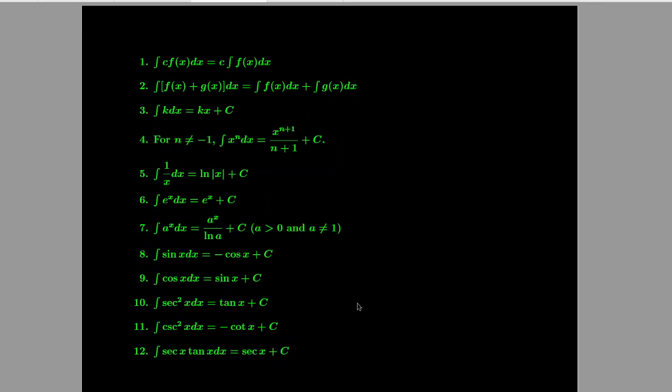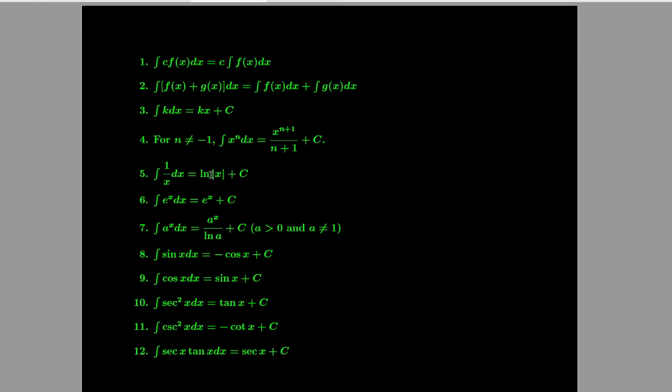I think the only formula that might be a little bit weird is the thing in item number 5. I will copy this formula. So temporarily you just remember that in order to get the indefinite integral of 1 over x, the answer is natural log of the absolute value of x and then plus c.